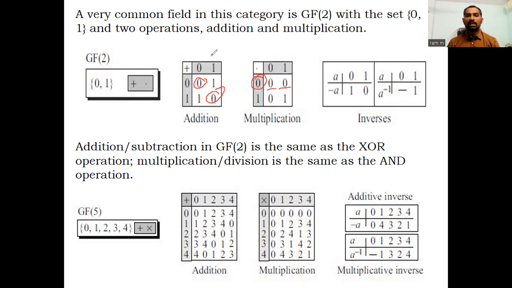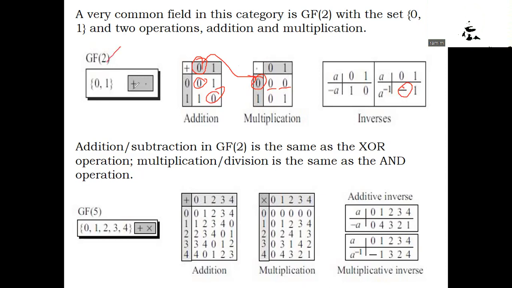The identity element in the first operation is 0, so it should not have an inverse. That's why 0 doesn't have an inverse element. So now I can call GF(2) a field, and it is a finite field.